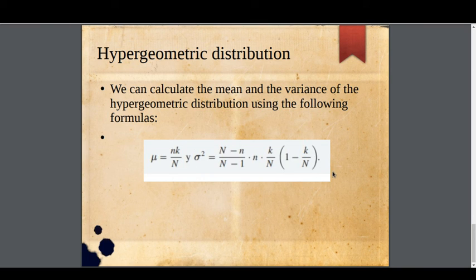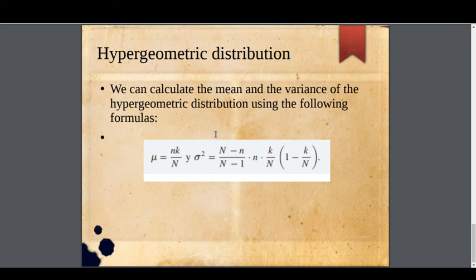We just have to identify what capitalized N, n and K are, and we can calculate the mean and the variance. I do not make examples of that because we just have to replace the values, so I do not see the point of doing it.